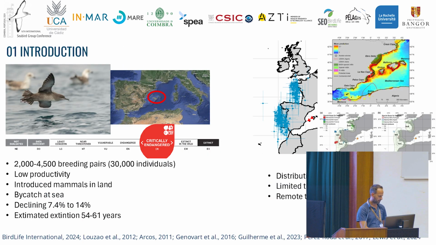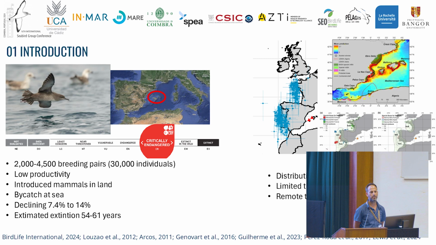Probably most of you know the species very well, but just a quick introduction. The Balearic shearwater is an endemic species that only breeds in the Balearic Islands, and today is the most endangered seabird in Europe, with almost 4,000 breeding pairs and a total population of 3,000 individuals.